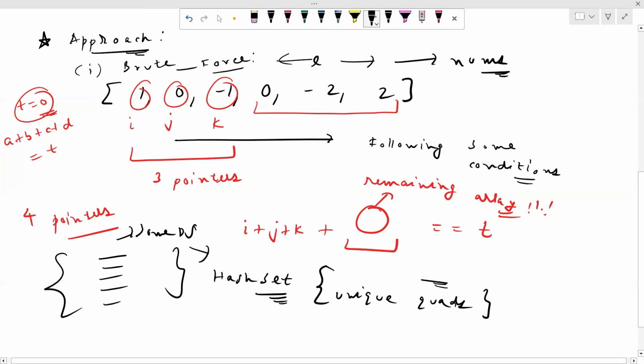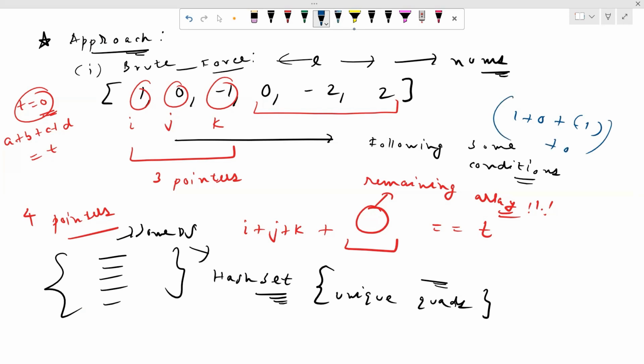So let's say its sum will be equal to the value which is 1 plus 0 plus minus 1, and from there we can take this element which is 0 over there. So from the initial start of the array, we can find one pair, 1, 0, minus 1 and 0, such that their sum will be equal to the target value, right?